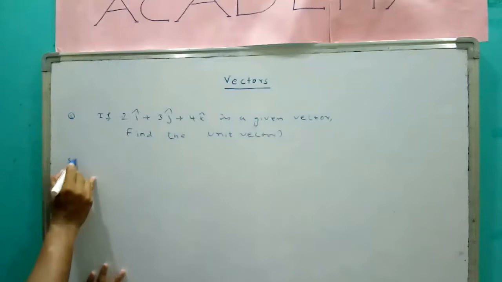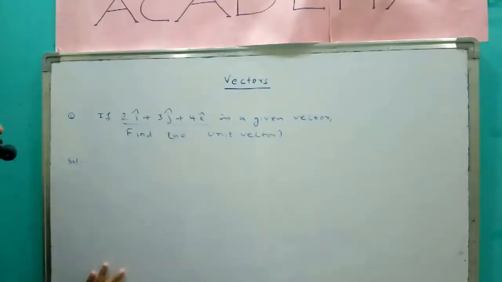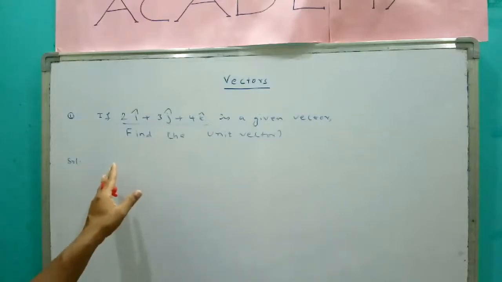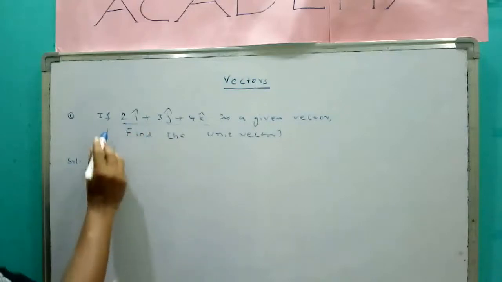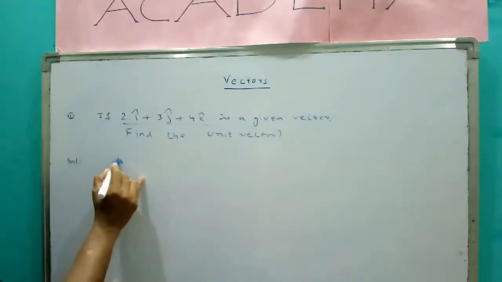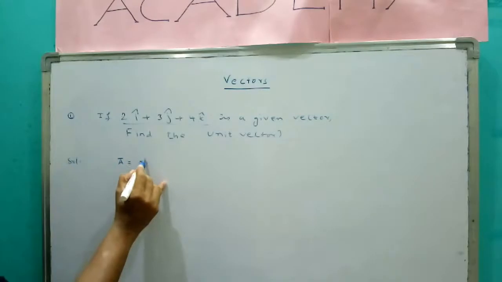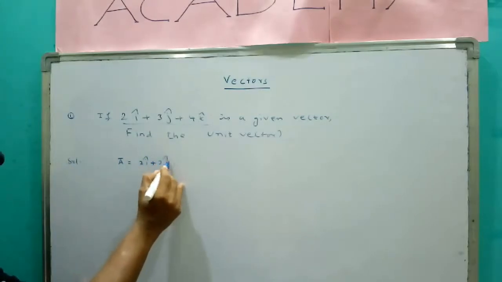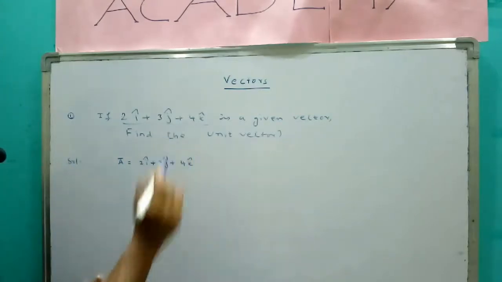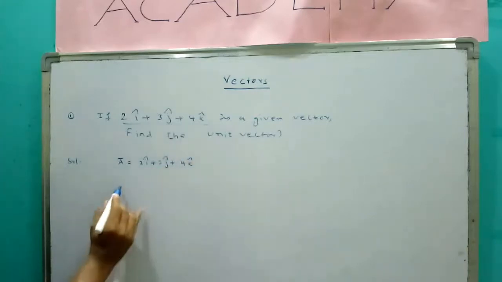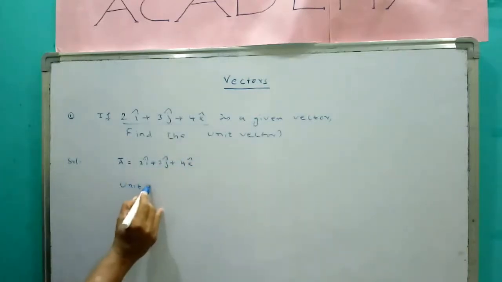So, solution. This type of problem will come in MSc entrance exams. It is a simple problem, but it may come for 2 marks. Here we have one vector, for example A, consider A equal to 2i plus 3j plus 4k. We have to find the unit vector of this A.